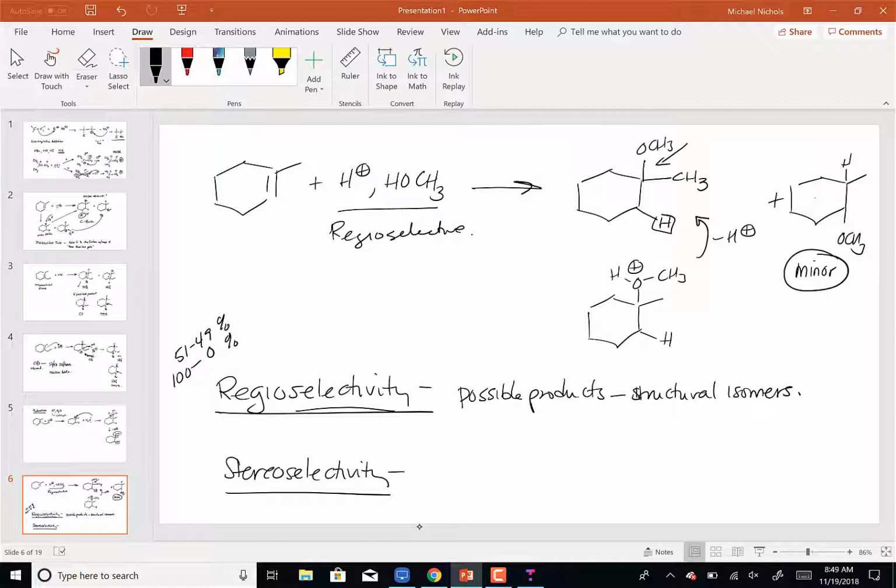So for stereoselectivity, the possible products in this case are stereoisomers, and those are going to be diastereomers, enantiomers, and cis-trans.